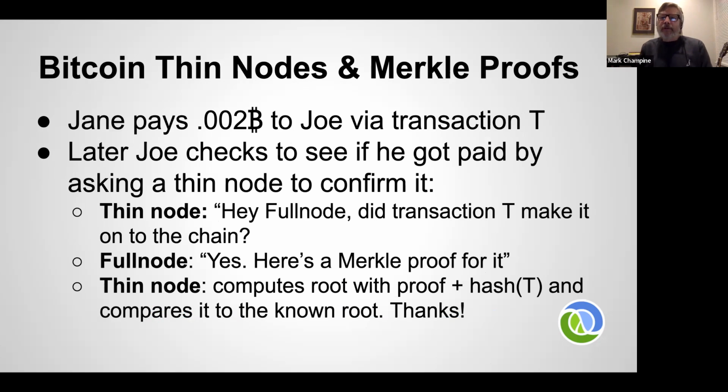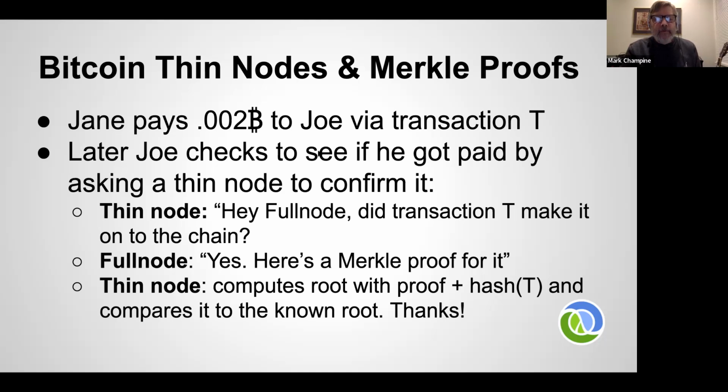All right, so now we're getting towards the interaction between Merkle proofs and blockchain. So let's just do an example spend here. Jane wants to pay 2,000th of a Bitcoin to Joe via transaction.